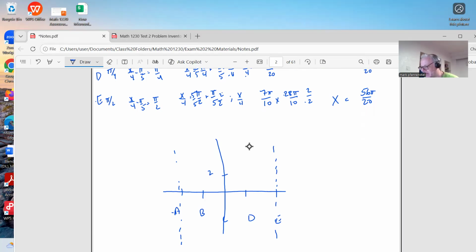This is going to be a 2, this is going to be a negative 2, so we're going to be here and here. And then we can go ahead and graph our tangent, and I look for the shape, and then we still have to have the points that are sitting here.